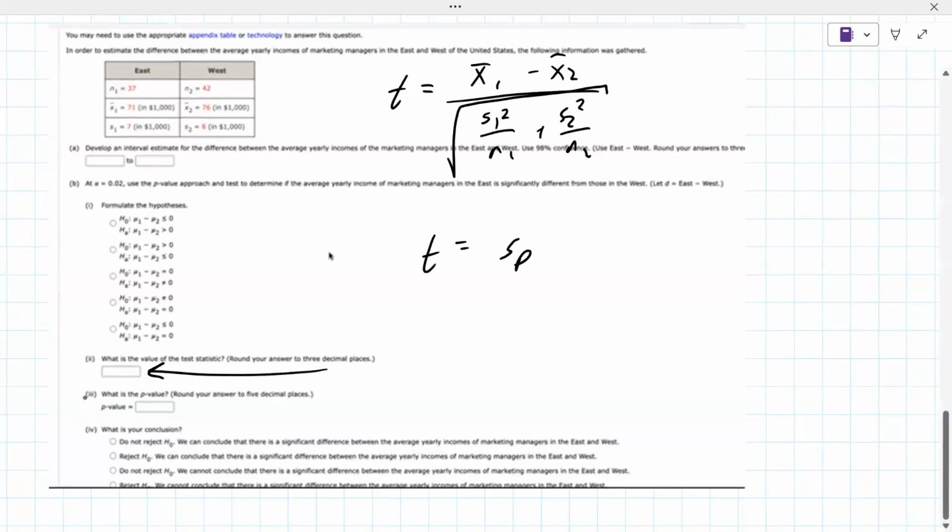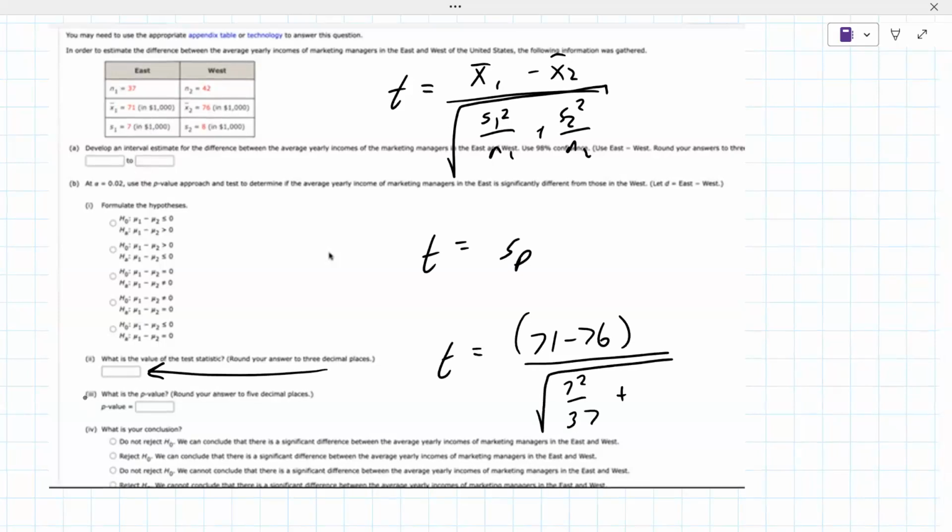So your T is going to be 71 minus 76 over the square root of 7 squared over 37 plus 8 squared over 42. I got minus 2.963.